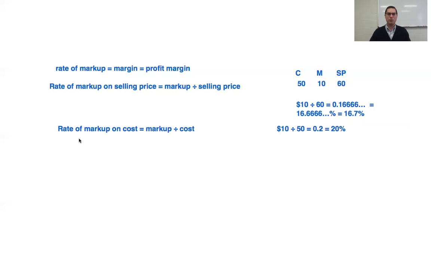When we compare the markup to the cost, we end up with a rate of markup of 20%. And again, comparing the markup to the cost is probably going to be the more common way of calculating a rate of markup or margin.